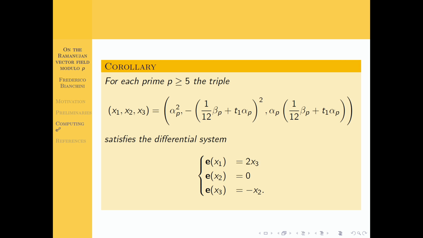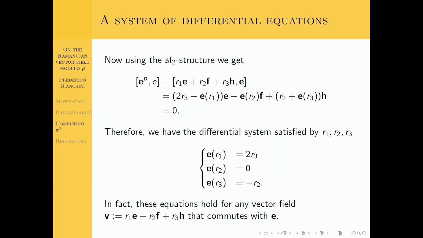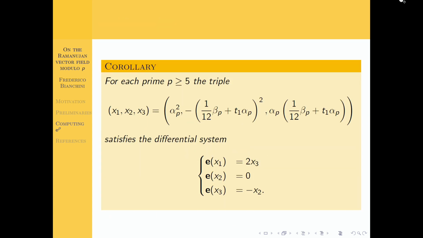A corollary to this, not difficult to show, is that if you take those 3 polynomials that I'm stating, they are the coefficients for the pth power. They satisfy the differential system that I stated here. It is satisfied by the three polynomials that I want to show are the coefficients of the pth power.